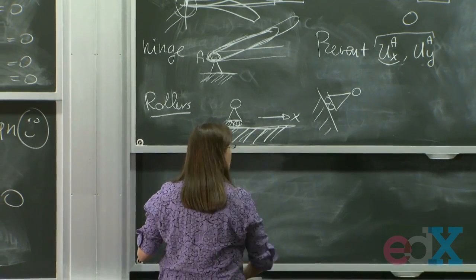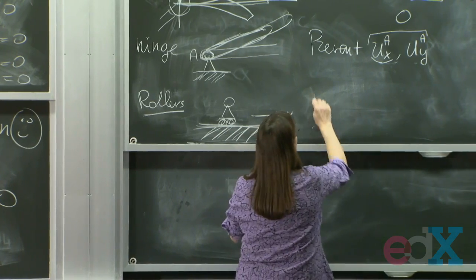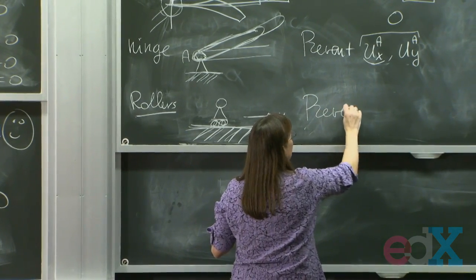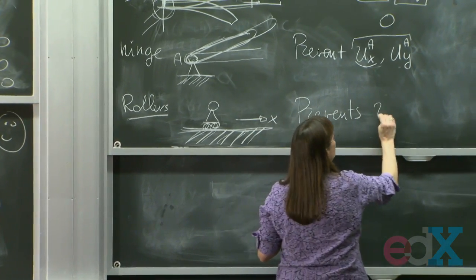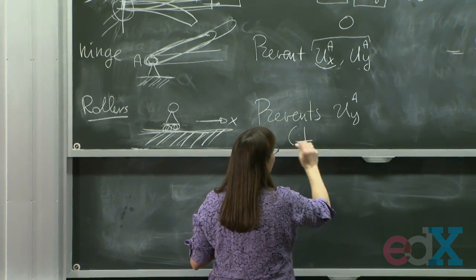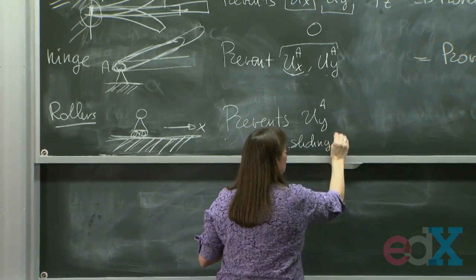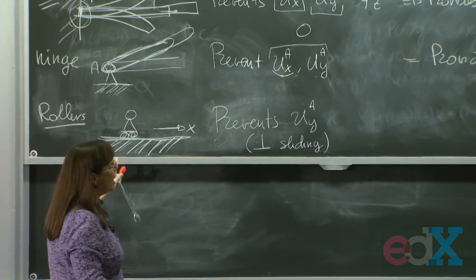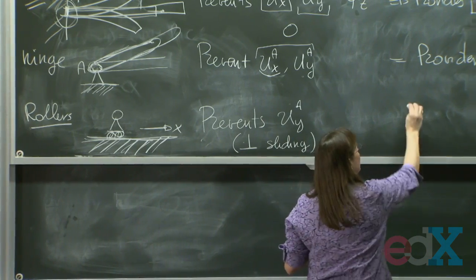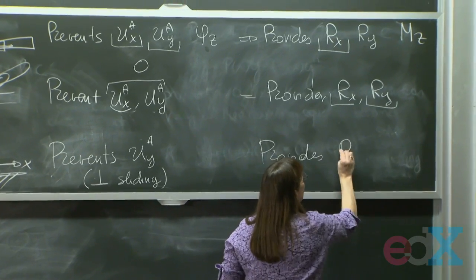Okay? So in this way, the way I drew it with the x-axis, it prevents only uy, essentially prevents motion normal to the sliding direction. And in order to do that, it needs to provide Ry.